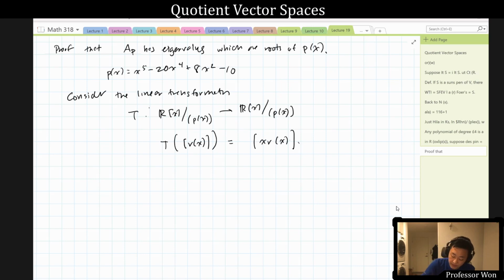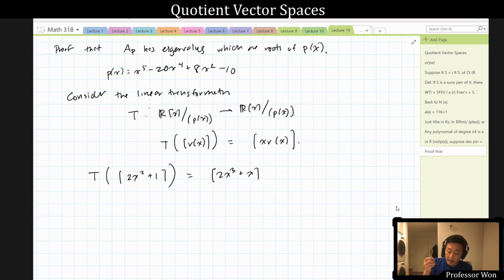Okay, that is a good example. If you just take the equivalence class of 2x squared plus 1, that's a perfectly good remainder when you divide by p of x. You get 2x cubed plus x.